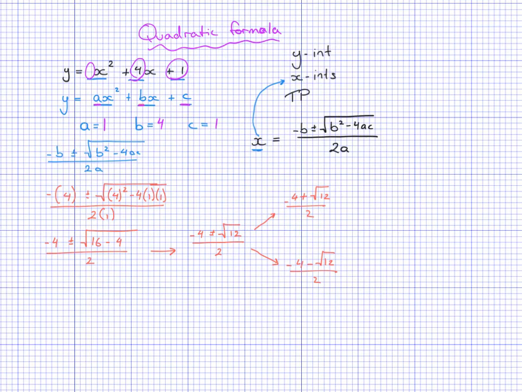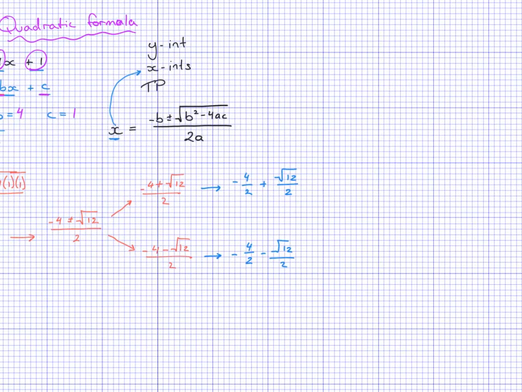What you might notice though is that this could also be simplified one step more by splitting up the fraction to look like that. The reason we might want to do that is because we notice that we can evaluate minus 4 over 2. Minus 4 over 2 is minus 2.